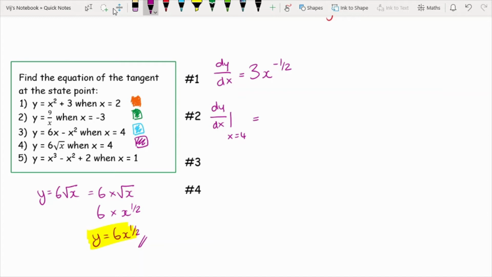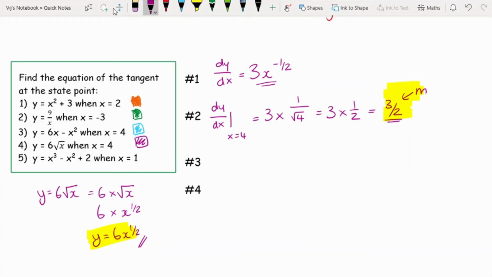And so substituting 4 into this, I get 3 times 1 over the square root of 4, which is 3 times a half, which is 3 over 2. So the gradient of the tangent in this case is going to be 3 halves.